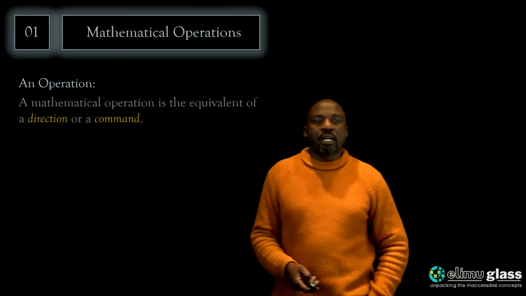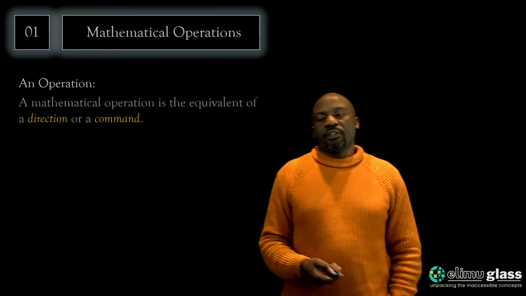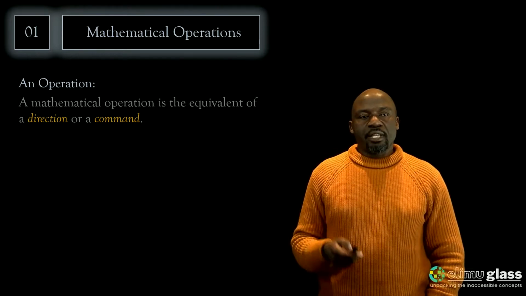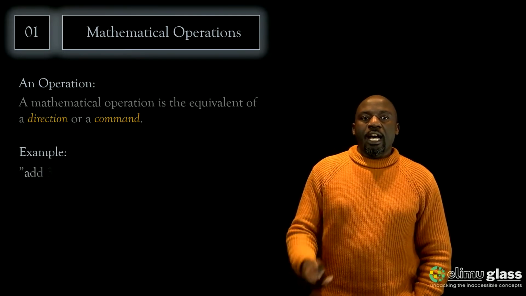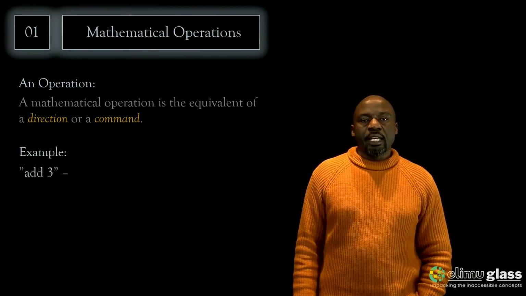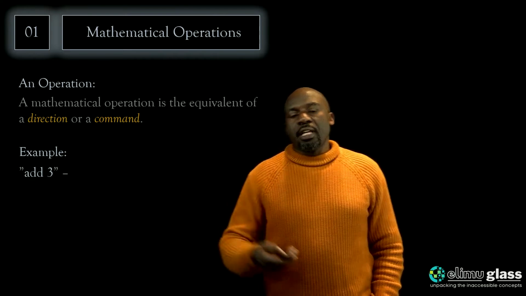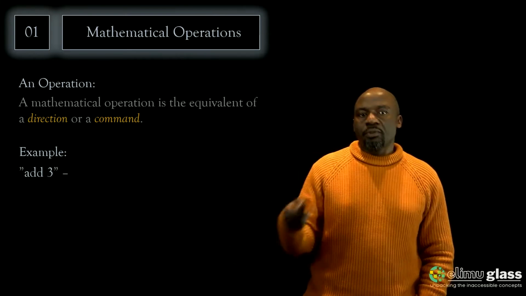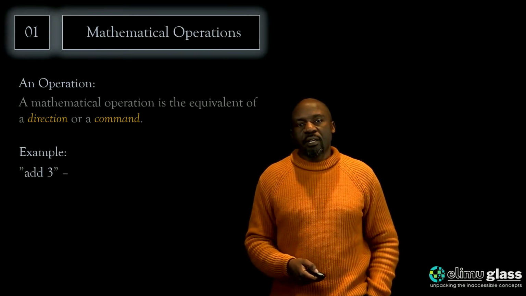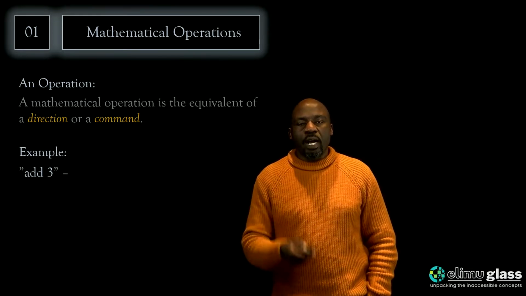A mathematical operation is the equivalent of a direction or a command, a mathematical command, like saying add 3 to a number. So when we say add 3, we are adding 3 to something. That something will usually be represented by a variable, a letter x or y or z.